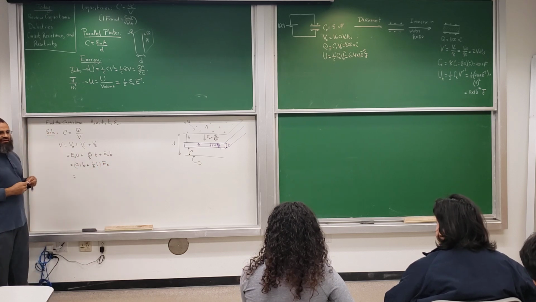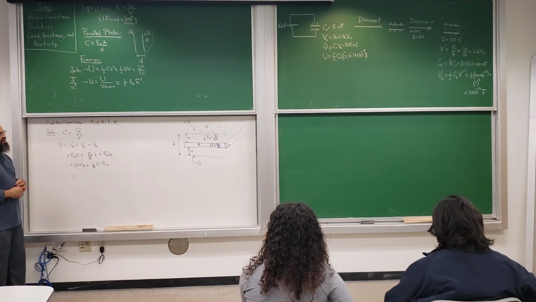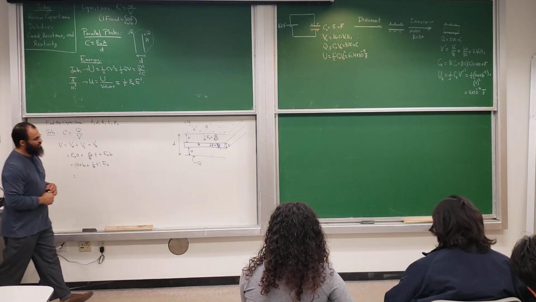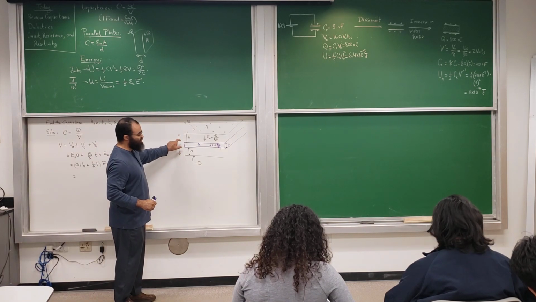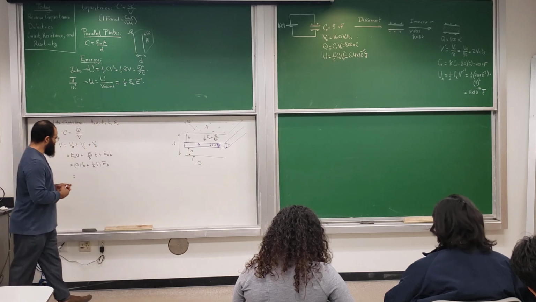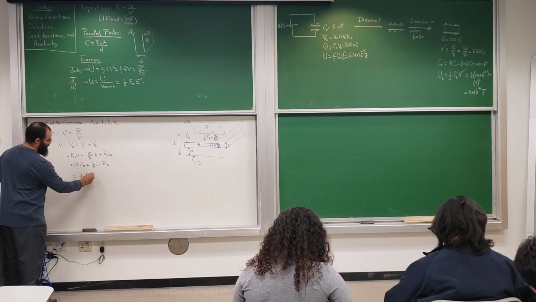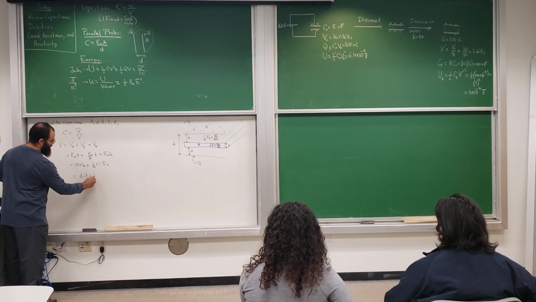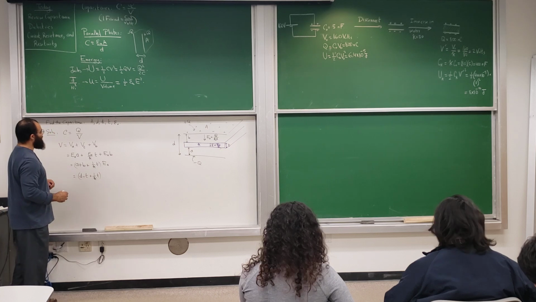What's A plus B in terms of D and T? D minus T. D is the whole thing. If I take away T, I'm left with A plus B. So this is D minus T plus 1 over kappa times T, times E naught. Well, what's E naught?